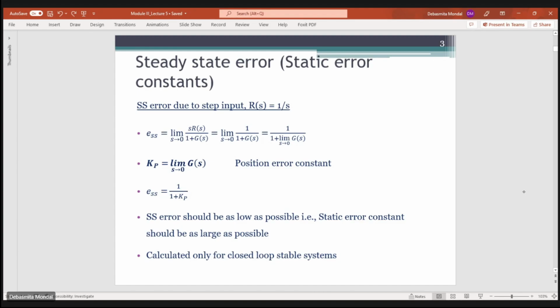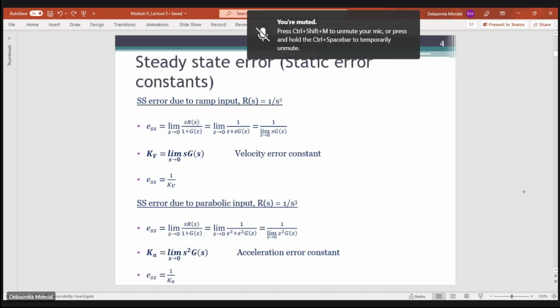So to make the steady state error very small, the value of Kp should be as large as possible. Ideally, if Kp is infinite, then the steady state error will be equal to 0. So from the design point of view, if you want to keep the steady state error very low, you would need the error constant to be as high as possible.